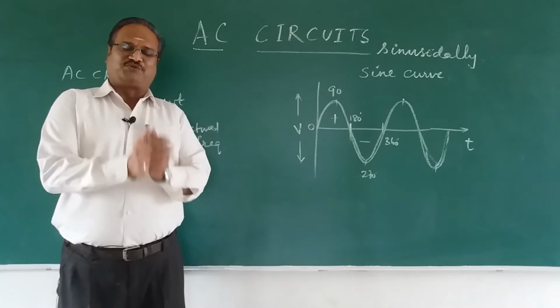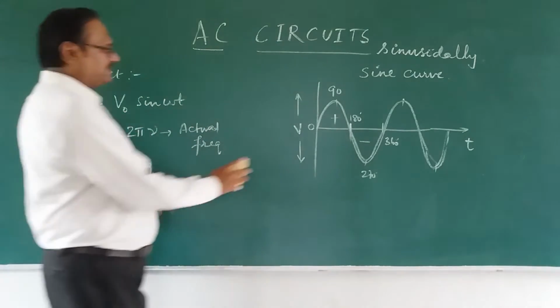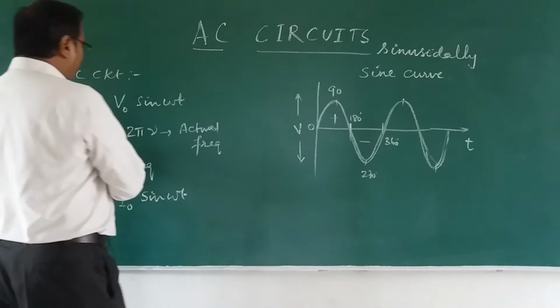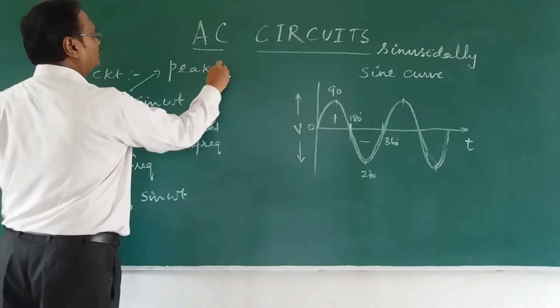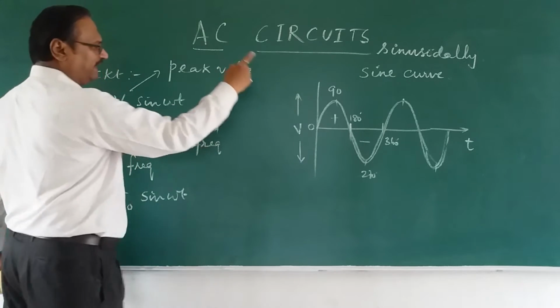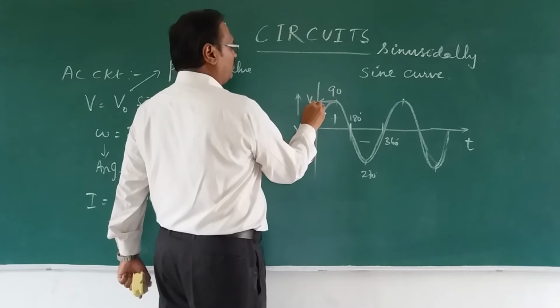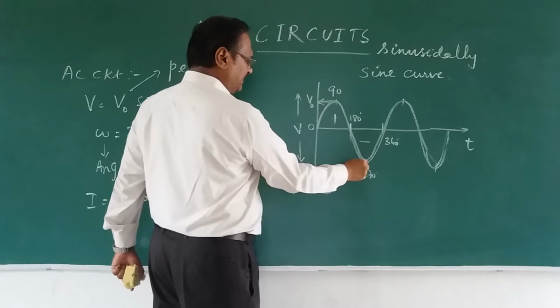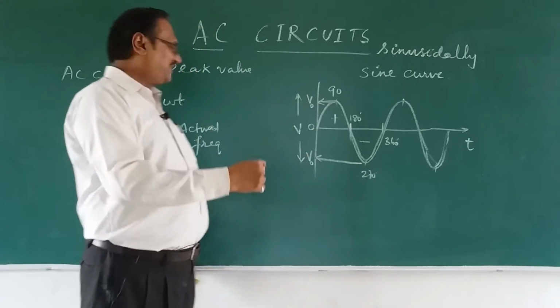Now what do these factors represent? V0. What is V0? V0 is called the peak value. When it is varying, this is the maximum value it is going to have, and that is called V0. The negative side is also going to have the same value, negative V0. Positive and negative.